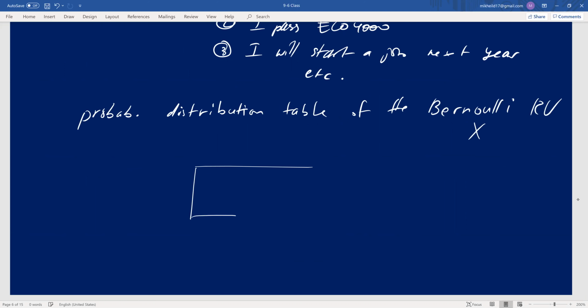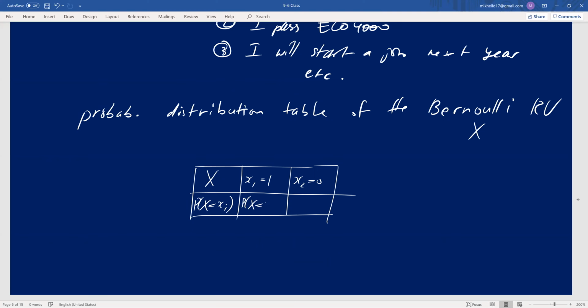So x takes only two values, x1, which is 1, success, and x2, which is 0, failure. And here I have the probability that x equals x1, and here the probability that x equals x2. The probability that x equals x1 is usually denoted by small p, and this will therefore be 1 minus p.